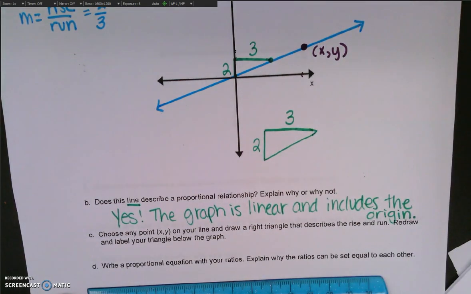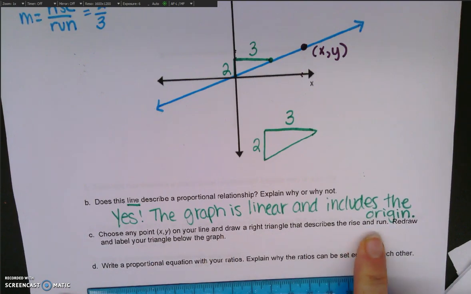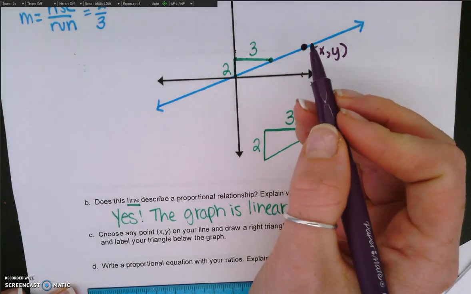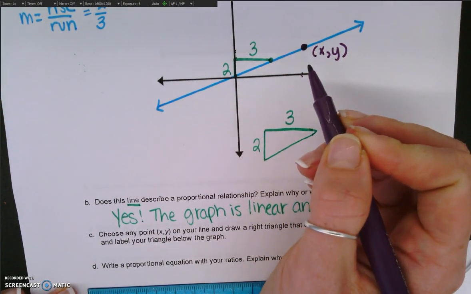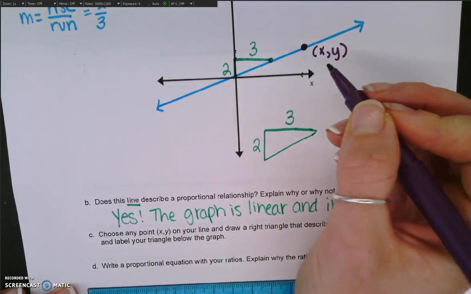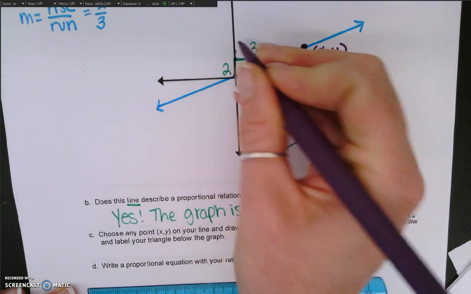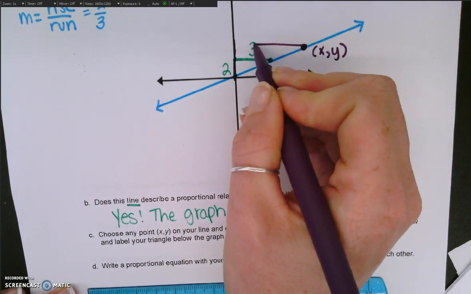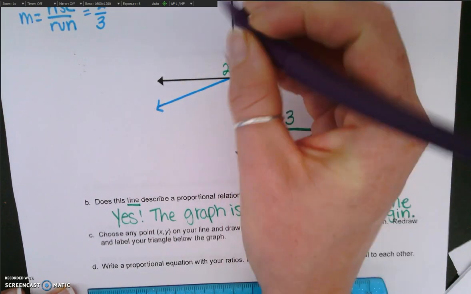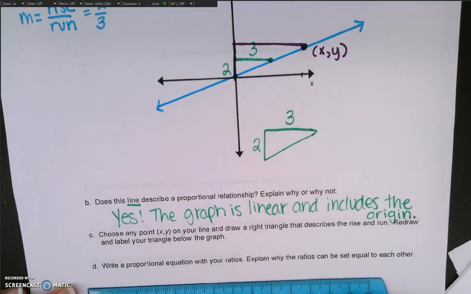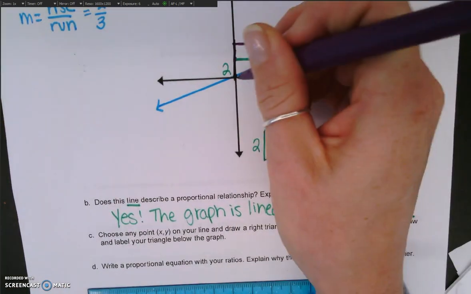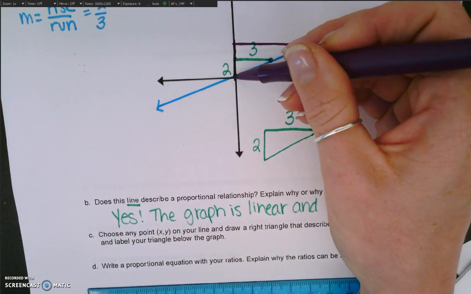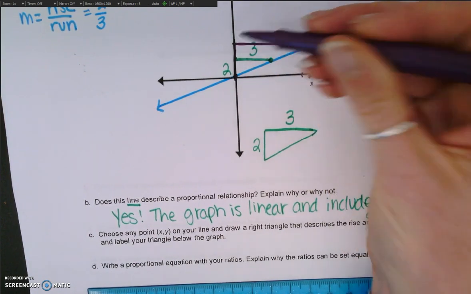Awesome, let's see. Now it wants me to draw a right triangle that describes the rise and the run. Well, if I'm making a right triangle with my graph, I am going to go from the origin again and go up and over. And I'm going to label the rise and the run. Well, the rise is here from the origin to this point.